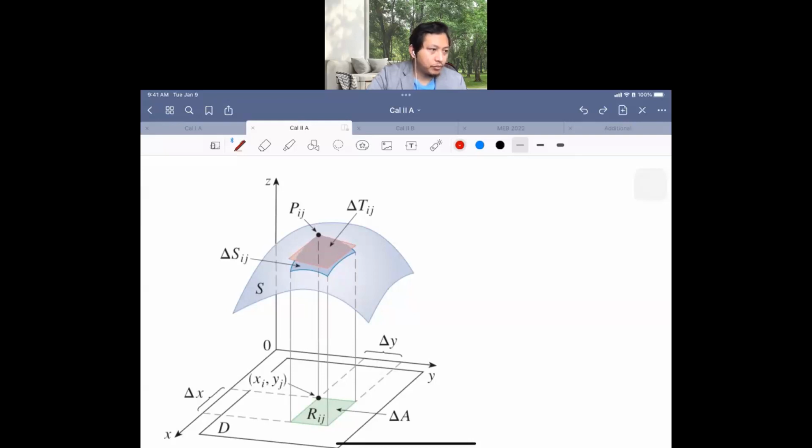If we remember what we have learned before, this plane here is basically our tangent plane.